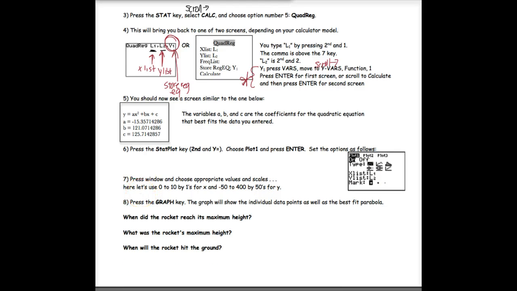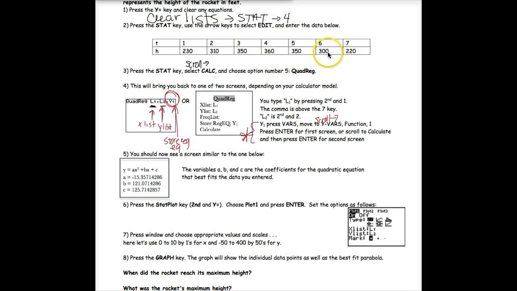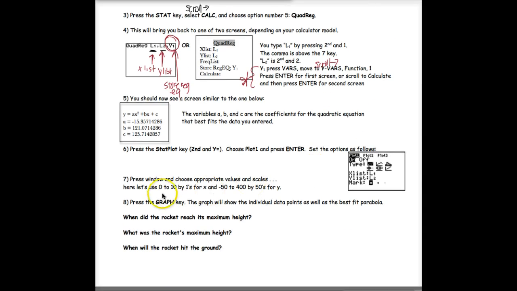Then we need to choose an appropriate window, because in a standard window, we're not going to get our picture at all because these y values are much above 10. So an appropriate window here on the x's, we can probably go from 0 to 10 because I don't have any negatives.